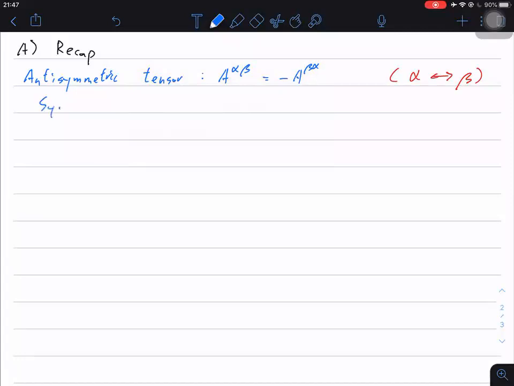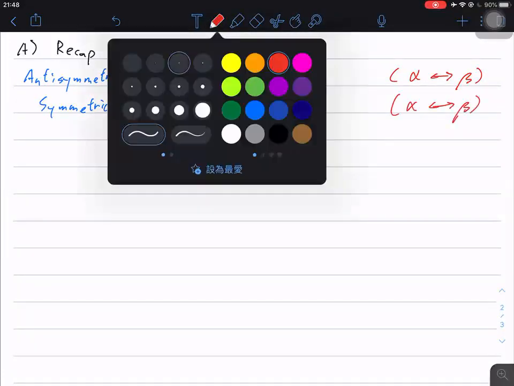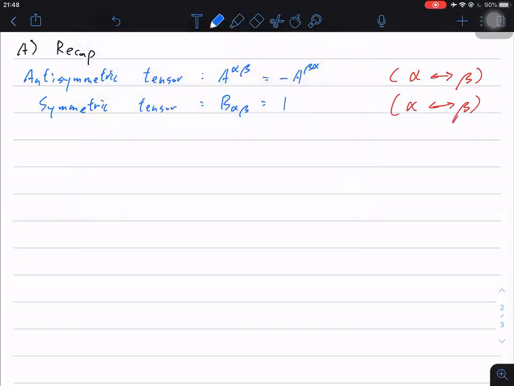On the other hand, for a symmetric tensor, let's say B alpha beta, if you swap the indices, the tensor will remain unchanged.